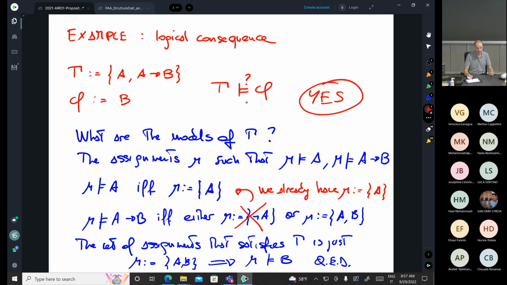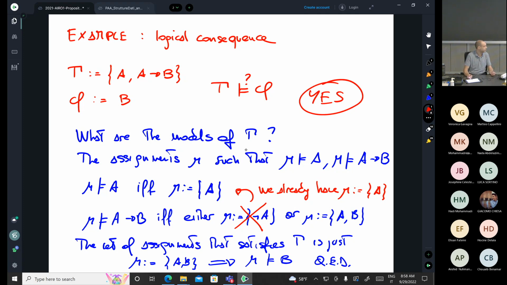So I'm using two definitions here: the definition of entailment, which tells you that gamma entails phi exactly when all the models of gamma satisfy also phi, and the notion of what it takes for an assignment to be a model of gamma, which is that the assignment must satisfy all the formulas in gamma. So it's two definitions from the previous slides that I'm using here.